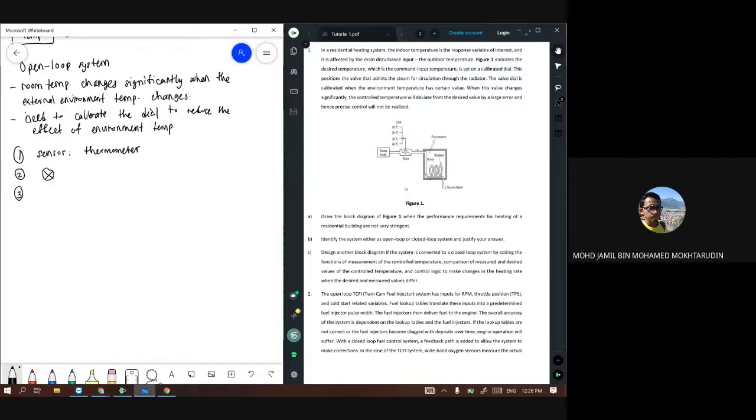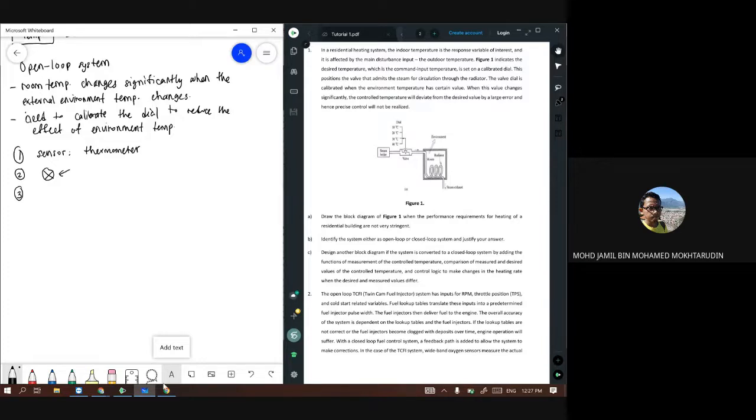We will look more later on this thing, maybe in chapter 3. What is this thing, the circle with cross? But for now, you need to remember that this circle with cross commonly exists in closed loop system, and the function is to compare measured and desired values.